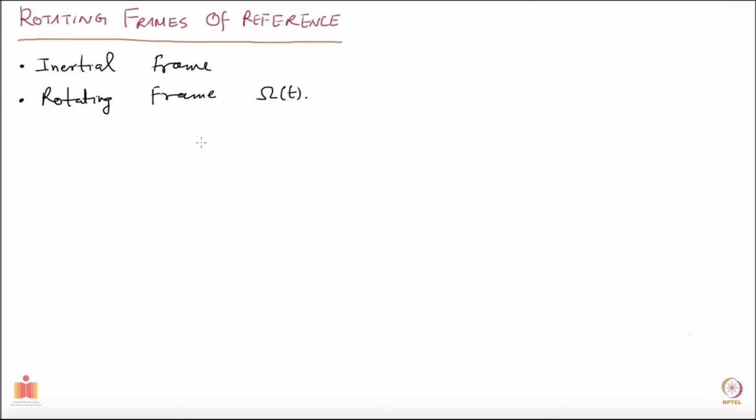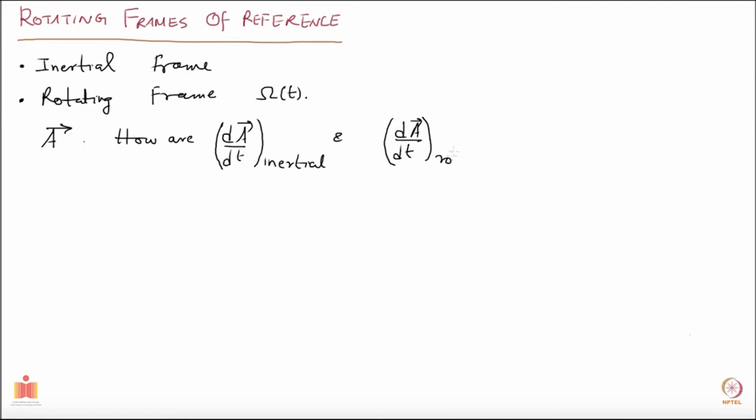So what we are asking is, if I am given a vector A, how are dA over dt, this quantity calculated in the inertial frame, and dA over dt of the same vector, now looking at the time derivative in the rotating frame, related?